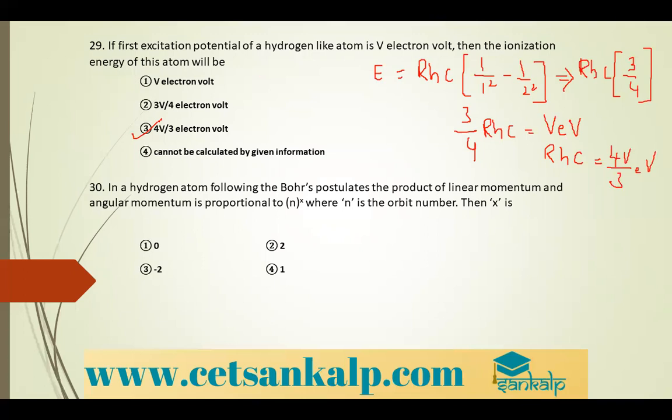Then x is... mv is proportional to 1 by n. Angular momentum mvr is directly proportional to n. So the product is directly proportional to n to the power 0. So option 1.